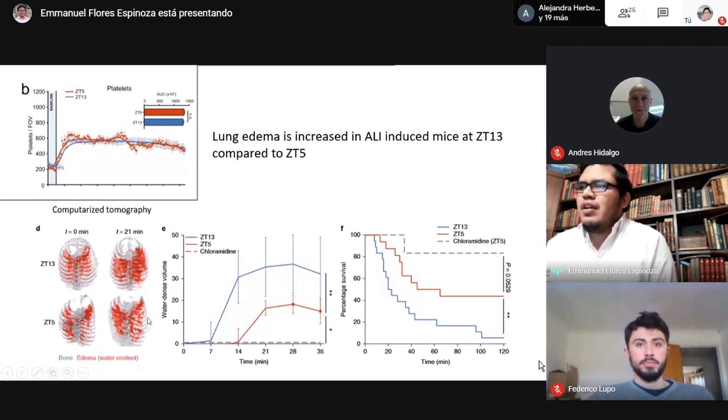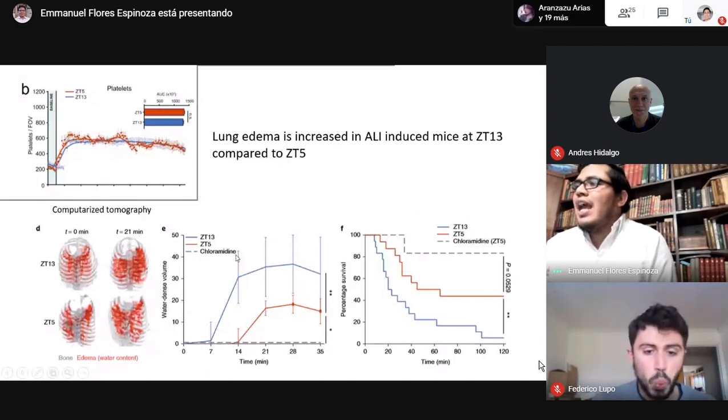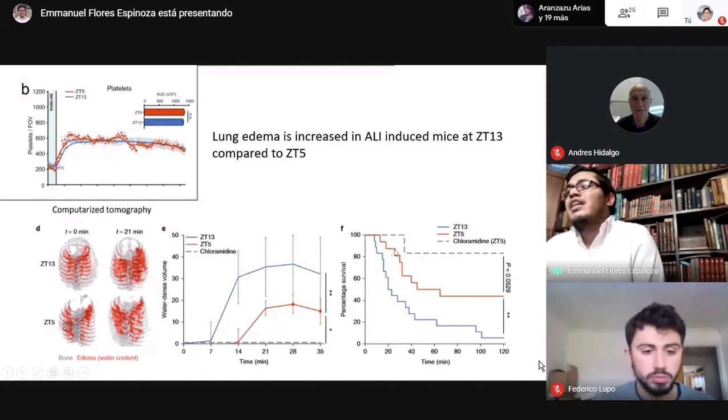Here's the graph of this quantification, and it has a correlation with the survival of the mice.